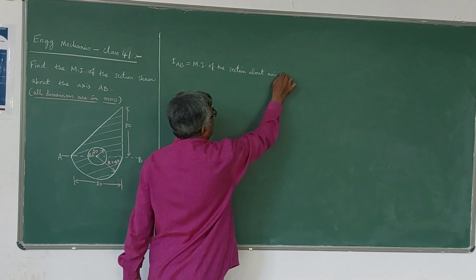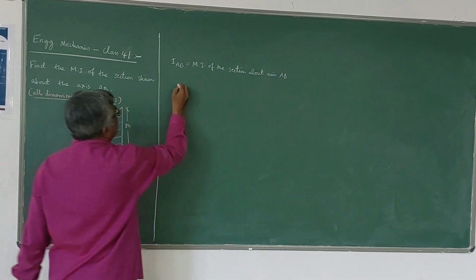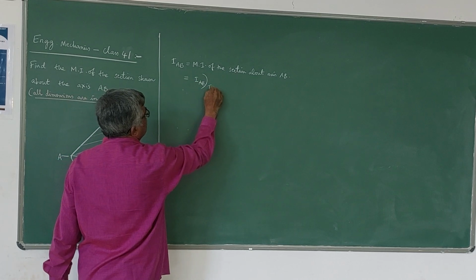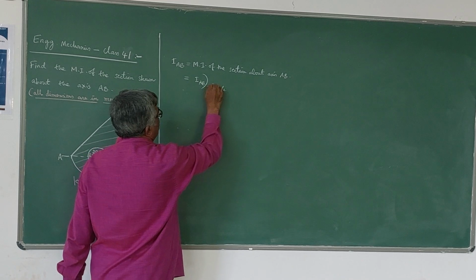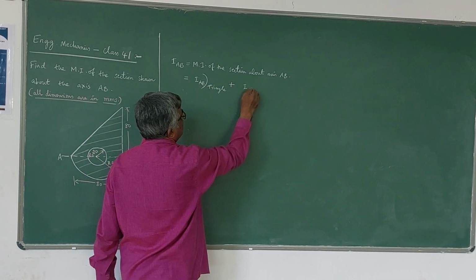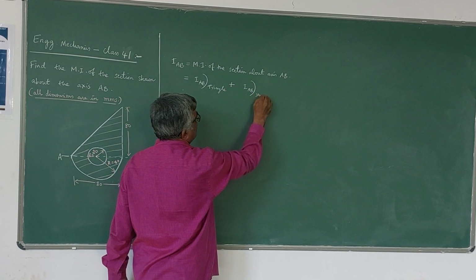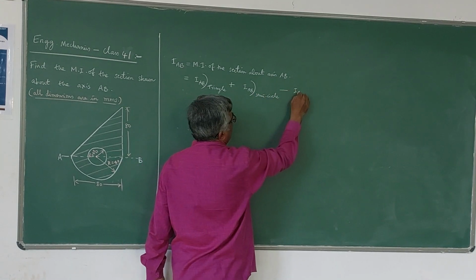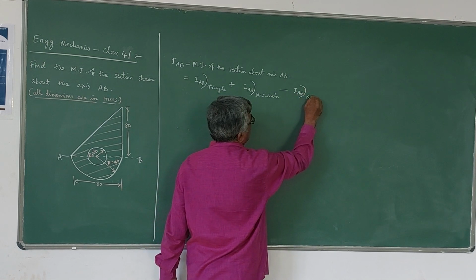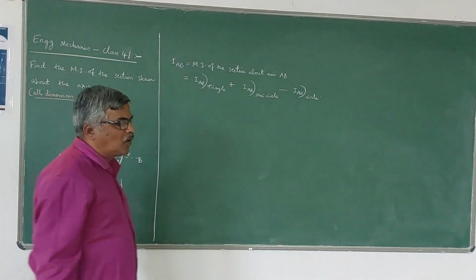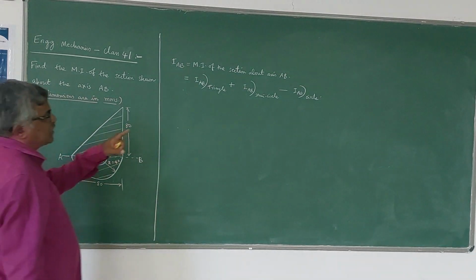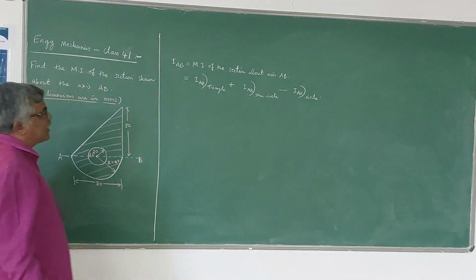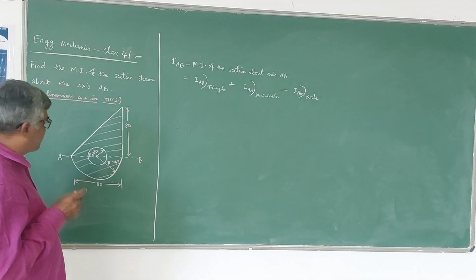This is given by IAB of the triangle portion plus IAB of the semicircle portion, of course with respect to the same axis AB, minus IAB of the circle portion, because the circle is a cutout portion here, it is a hole, therefore its moment of inertia as well as its area becomes negative here.